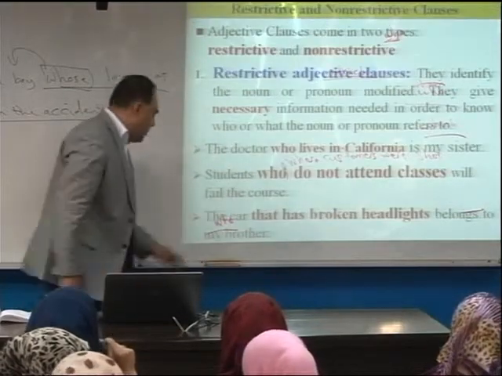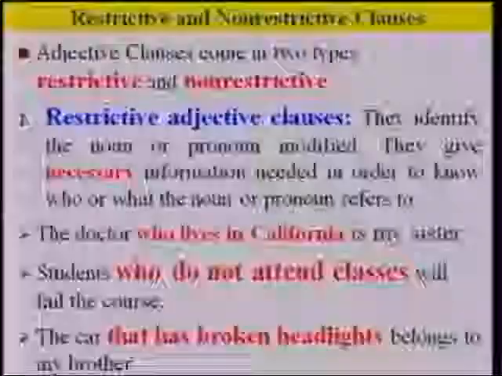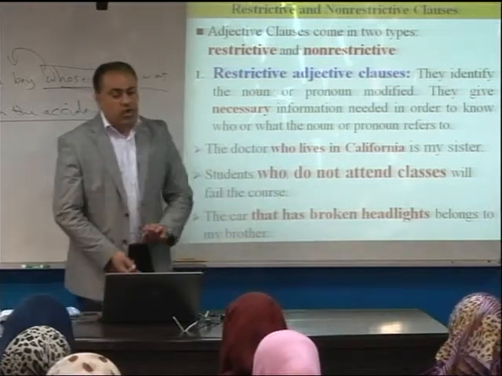Now, we come to something new which is related to adjective clauses, and this has to do with punctuating adjective clauses. Generally, whenever we want to punctuate adjective clauses, there are two terms that you are familiar with: defining or non-defining adjective clauses, or restrictive and non-restrictive adjective clauses.